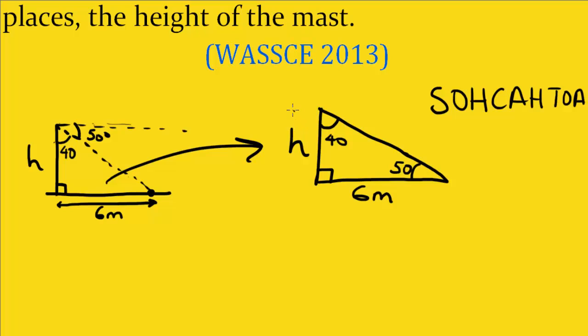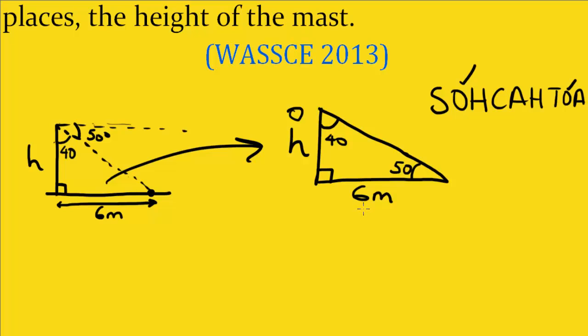Now this side is the opposite side. This side is the hypotenuse, because it's right opposite the right angle. We don't know the length of the hypotenuse. That means this side must be the adjacent side.